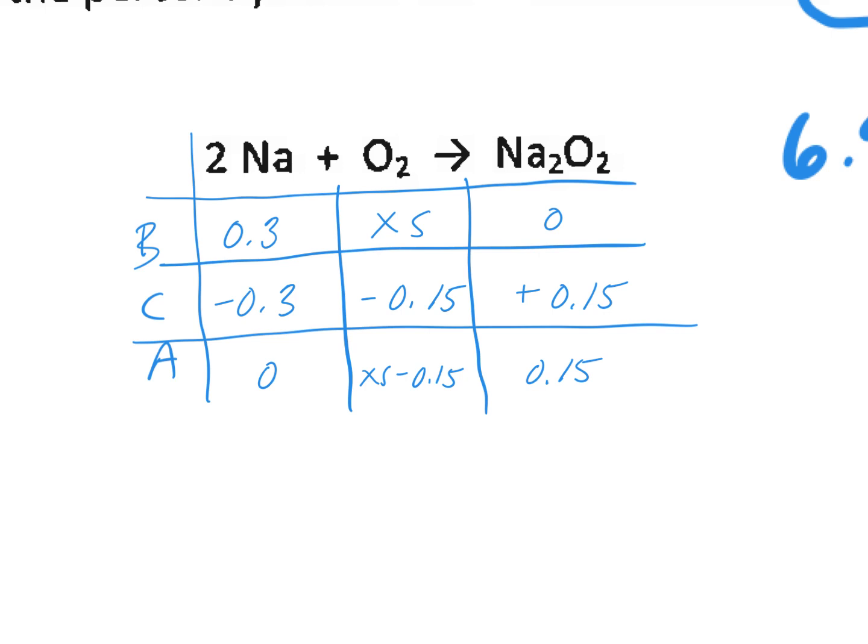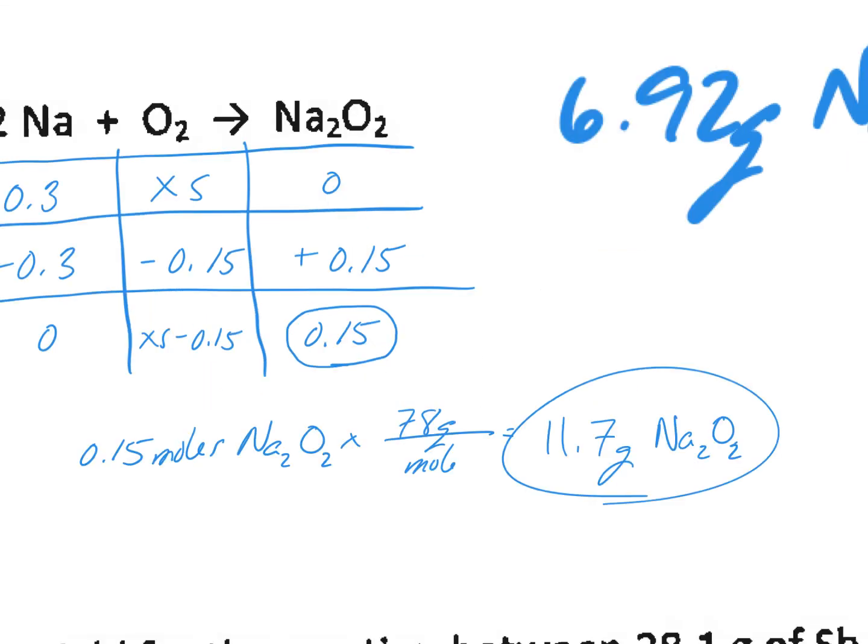So what the stoichiometry is showing me is that I'm going to make 0.15 moles of sodium oxide, okay? Actually, this is sodium peroxide. Never mind.